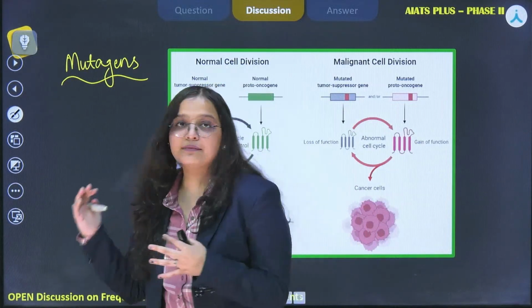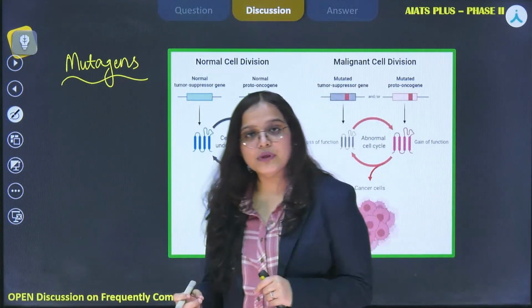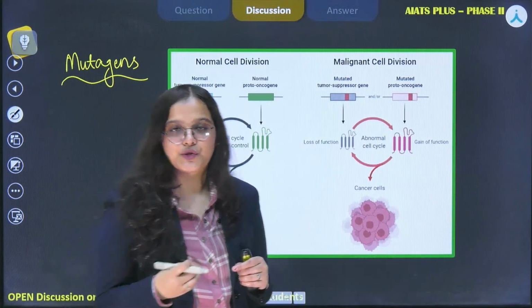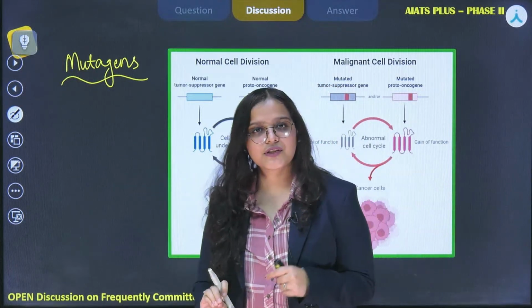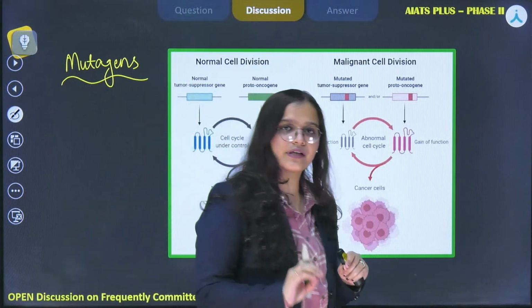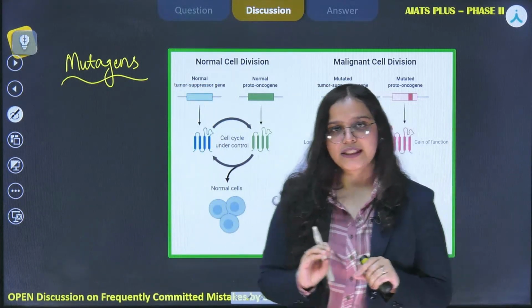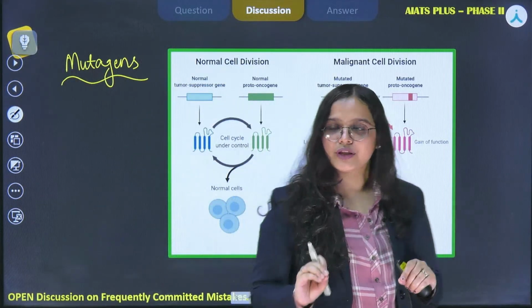These mutagens can induce mutation in the normal cell and can give rise to abnormal conditions. So what are the sources of these mutagens? Can you please tell me in the comment section? The information about the different types of mutagens is given in the NCERT in a subtle way. So I would expect answers from you in the comment section.